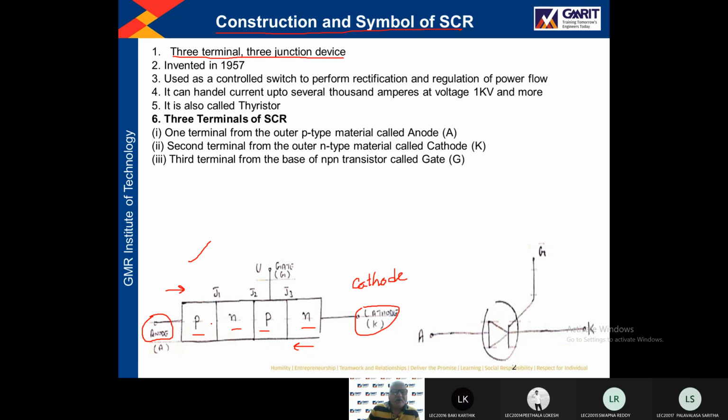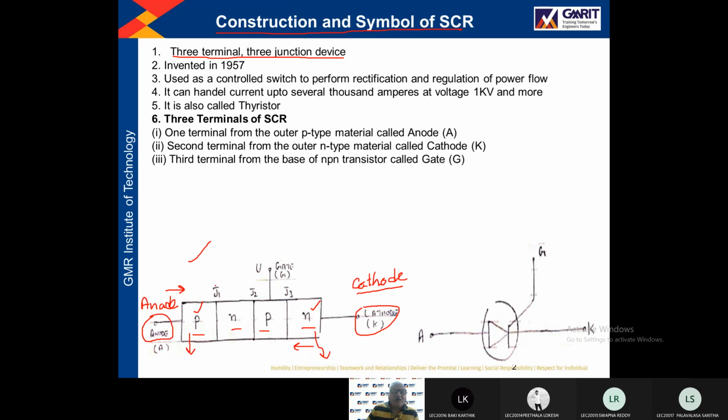There are two outermost materials: this side you have P and this side you have N. Wherever you have P material, that end is called the anode. The N material end, from where we take the output, is called the cathode.